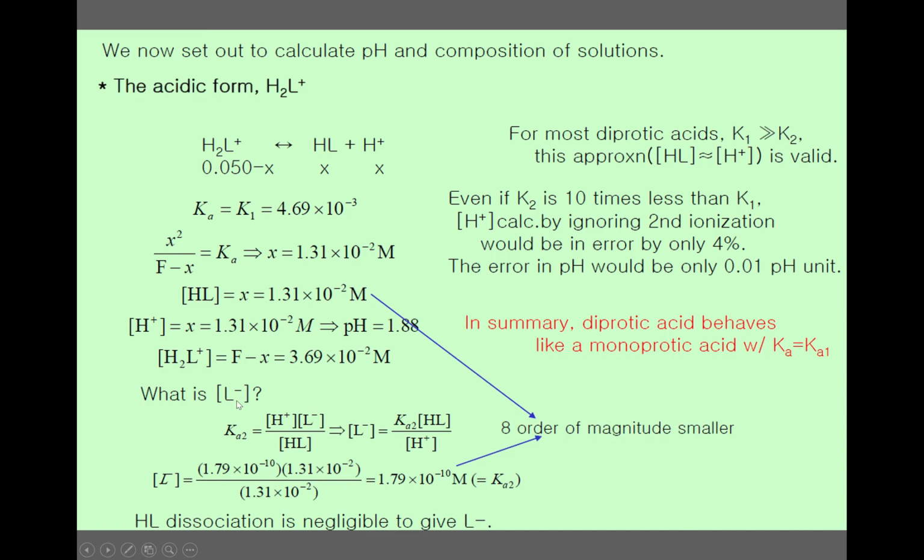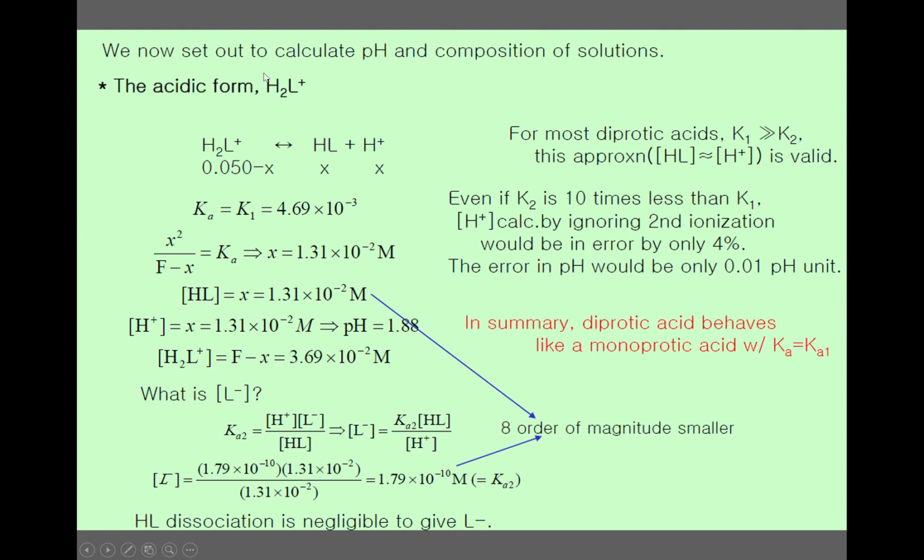But what about the concentration of the poorly dissociated form, this L minus form, from the K2 equilibrium constant? It is given by this equation, and the L minus form is given by this one. Since we know Ka2 and we already know the HL and proton concentrations, which in this case are the same, the fully deprotonated form of leucine has a concentration equal to the second dissociation constant, which is 1.79 times 10 to minus 10 molar.